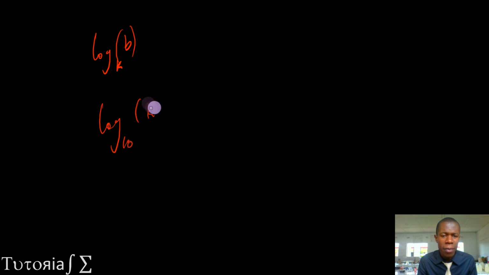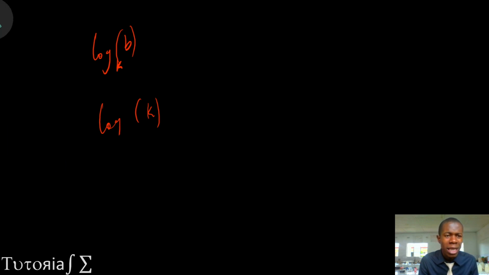All right, so let me just put up two more. Let's say you have log b to base k. Now on your calculator, you are always calculating values of log to base 10 of some number. If there is no number for the base, it means that it's a log to base 10.